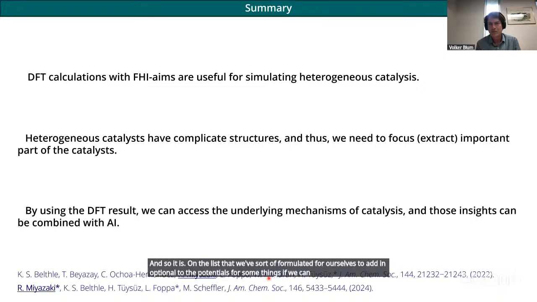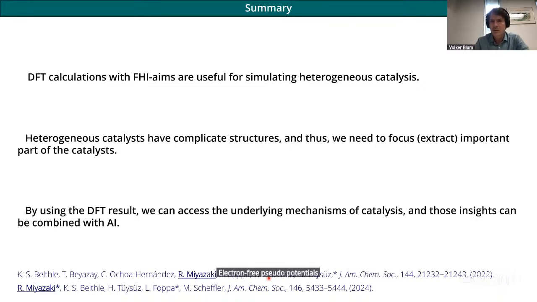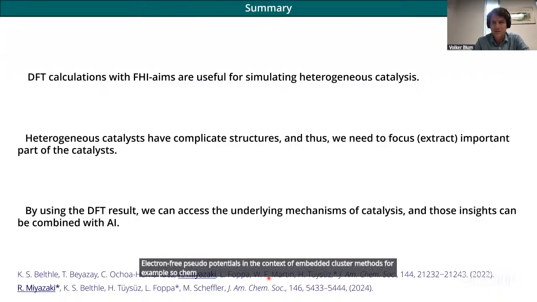Where pseudopotentials certainly exist, and that's relevant for catalysis, is as embedding pseudopotentials, so electron-free pseudopotentials in the context of embedded cluster methods, for example. So ChemShell from Cardiff, that was mentioned on one of the slides, is definitely something where they've been used for a long time in FHI-aims.